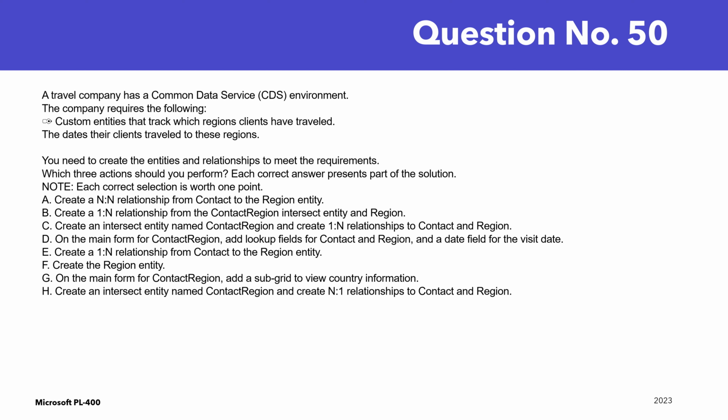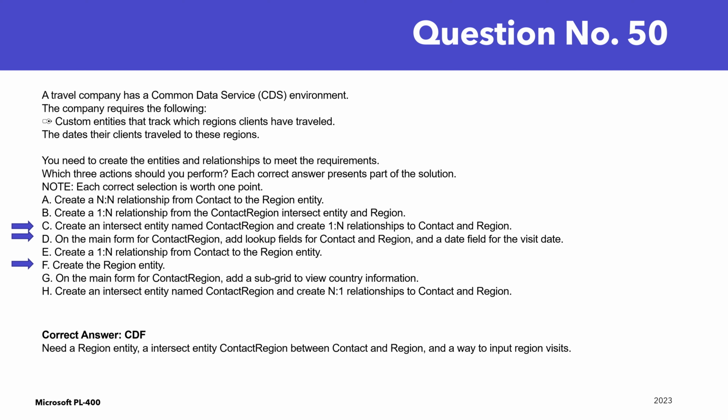E. Create a 1:n relationship from contact to the region entity. F. Create the region entity. G. On the main form for contact region, add a subgrid to view country information. H. Create an intersect entity named contact region and create 10:1 relationships to contact and region. Correct answer, C, D, F.